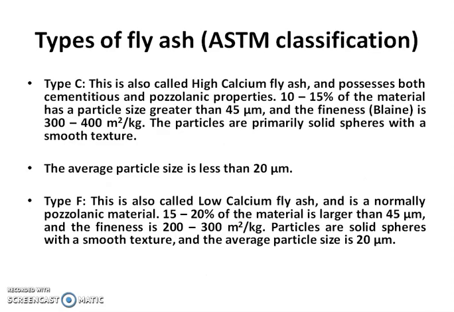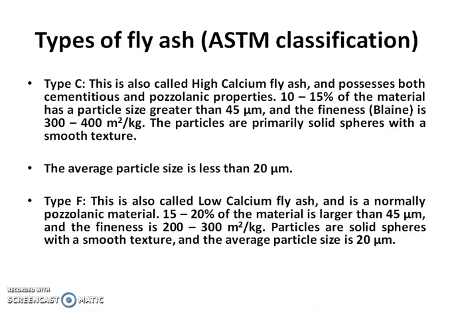There are two types, type C and type F. Type C is a high calcium fly ash. It possesses both cementitious property and pozzolanic property. Only 10 to 15% of the material has a particle size greater than 45 micrometer.